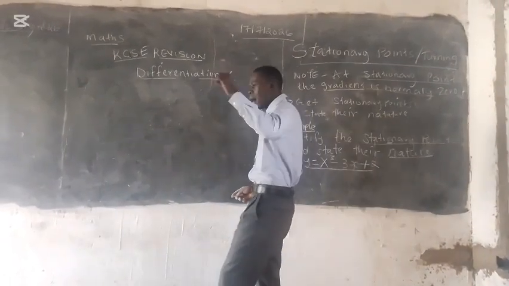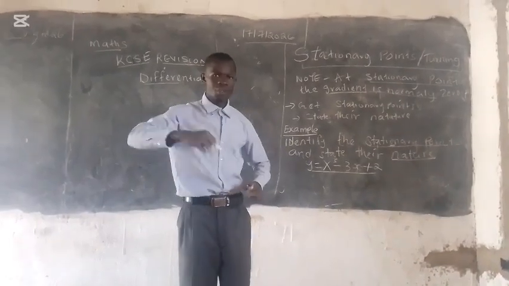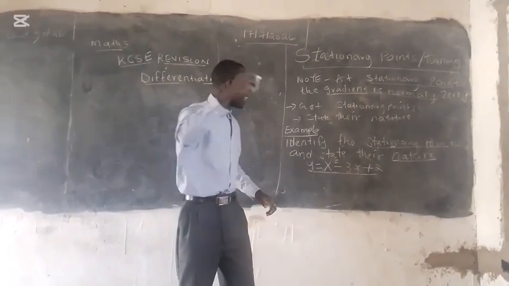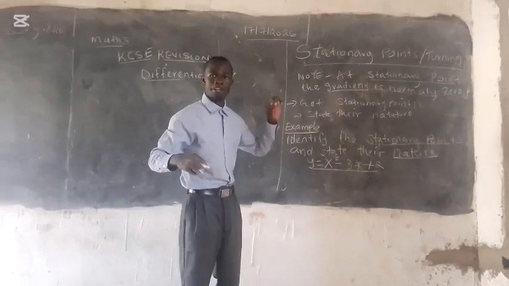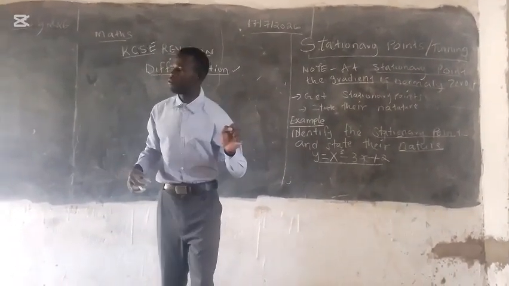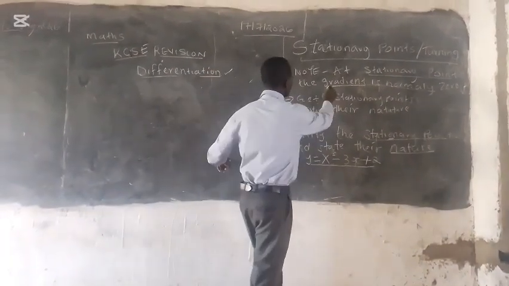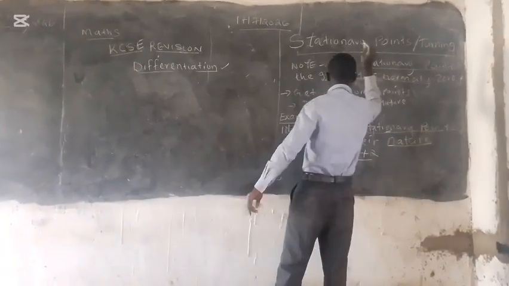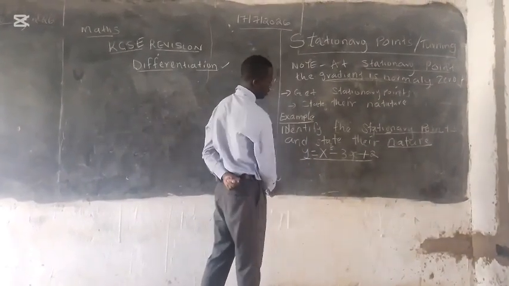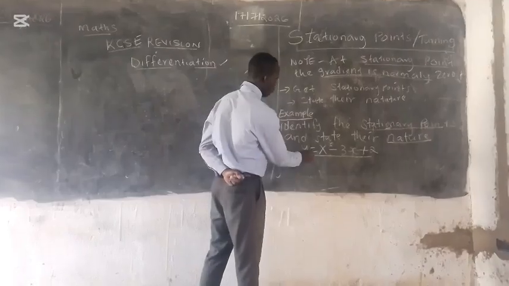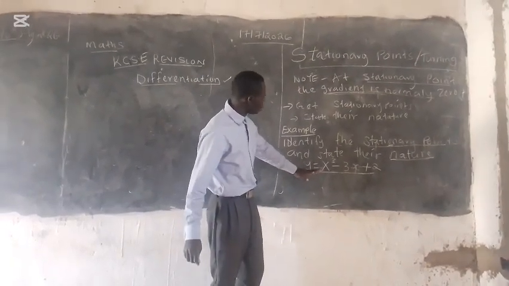In the beginning of our lesson, we said that for us to get the gradient function, we differentiate any given polynomial or any given curve or equation. After differentiating, we get what we call a gradient function. Now, this is our equation, our curve, our polynomial. To get the gradient of this one, we differentiate it.